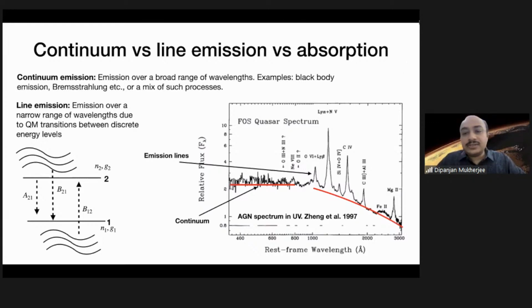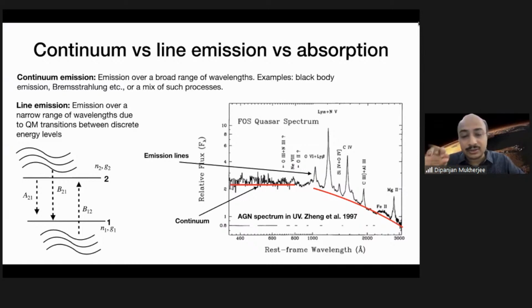Then, of course, comes this concept of continuum emission versus line emission. As we all know, emission from a given system, from a quantum mechanical point of view, is essentially just a transition between two states. If you have two discrete states, the emission frequency is discrete and finite.